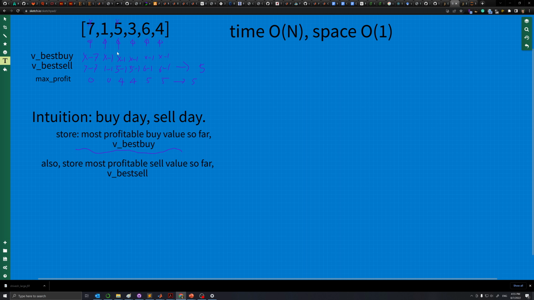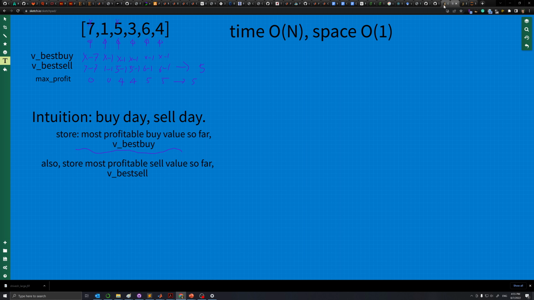Best buy value, for example, here, and the best sell value is whatever is current, right? So best buy and best sell, comparing 5 and 1.